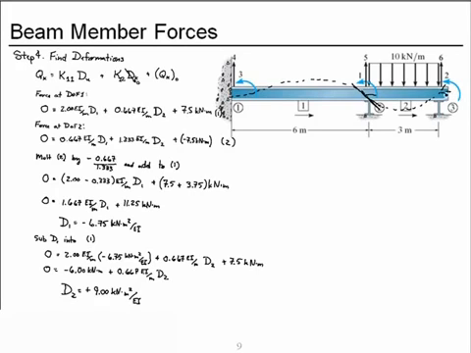Here we have a counterclockwise slope, or rotation, and so we would expect D2 to be positive. Good. Those check.